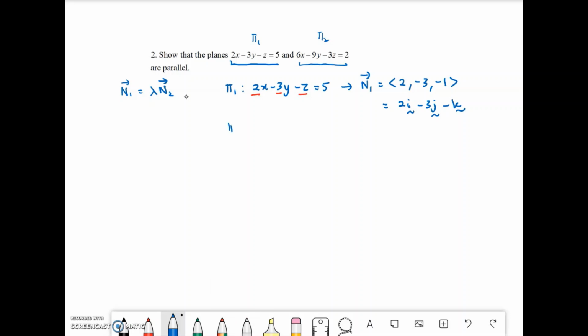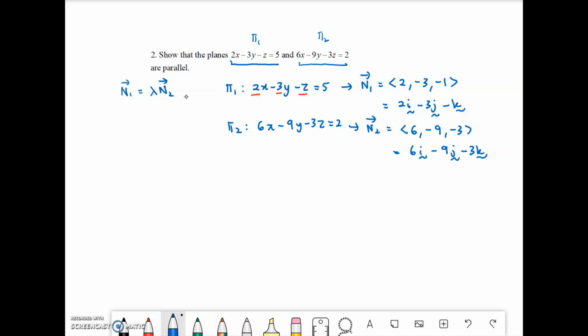And then for plane 2, where the equation of the plane is 6x minus 9y minus 3z equals 2, the normal vector 2 is equal to (6, -9, -3), or 6i minus 9j minus 3k.